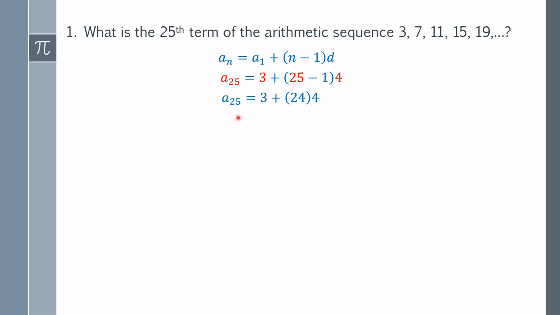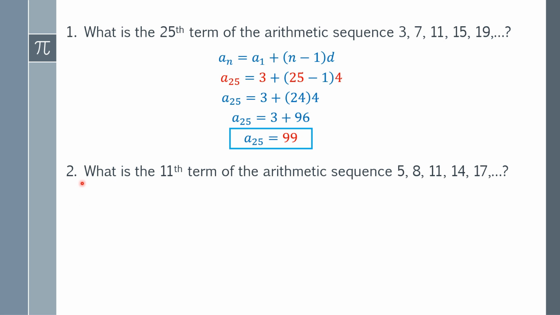Next, a sub 25 is equal to 3, bring down, plus 25 minus 1, that's 24, times the 4. Next, a sub 25 equals 3 plus 24 times 4, which is 96. Now a sub 25 is equal to 3 plus 96, which is 99. And that is our 25th term for the given sequence.